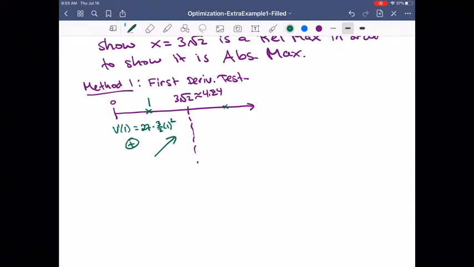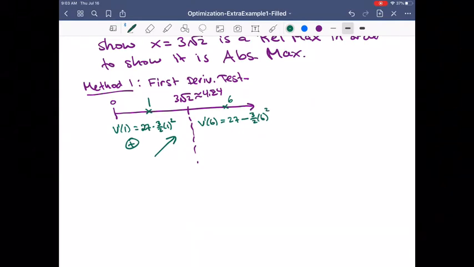And then if I check something bigger than 4, maybe 6, v prime of 6 is going to be 27 minus 3 over 2 times 36, or 6 squared.